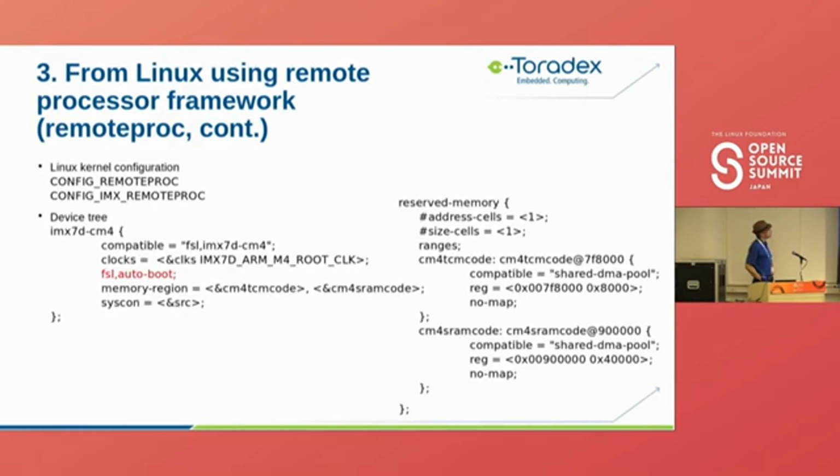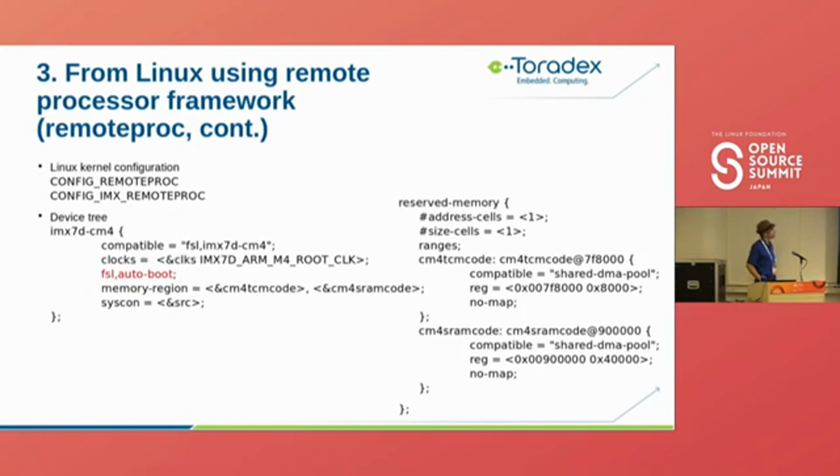Then the kernel configuration in Linux for that is called CONFIG_REMOTEPROC, or more specifically for the i.MX case, CONFIG_IMX_REMOTEPROC. And you also need to add certain things in the device tree. For example, in the i.MX7 case, you have this imx7d-cm4, and there you give it the clock, for example.